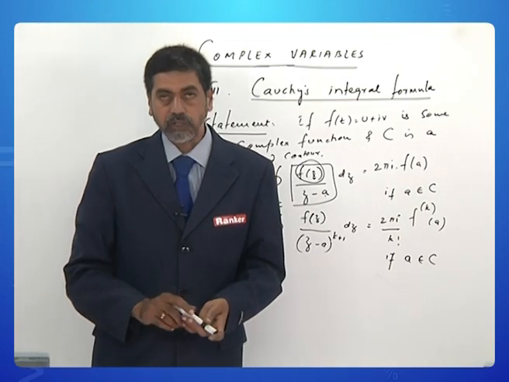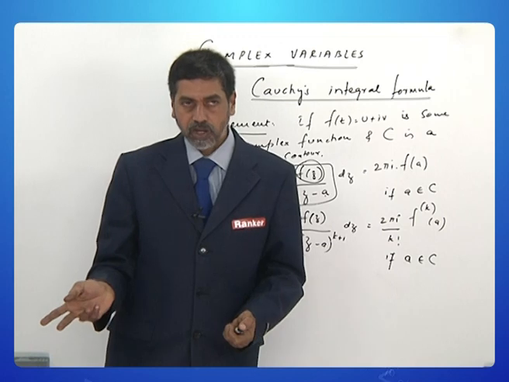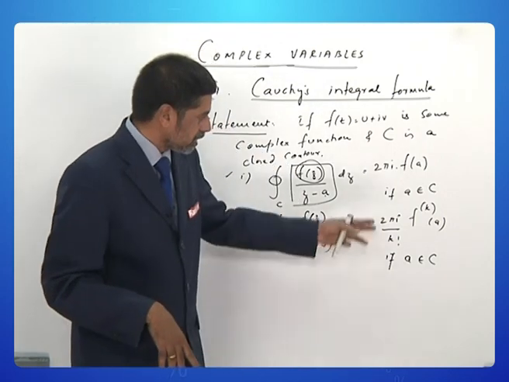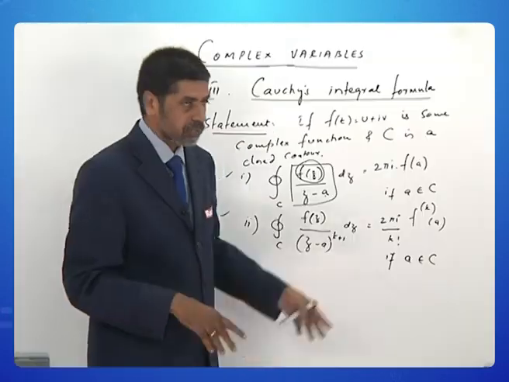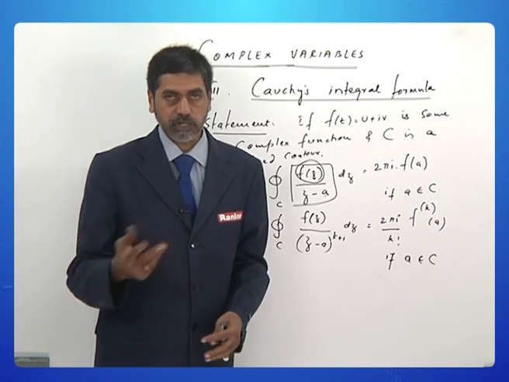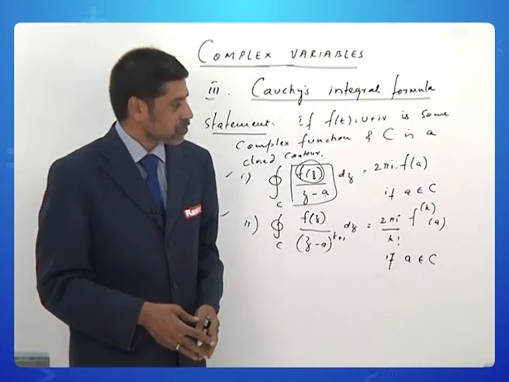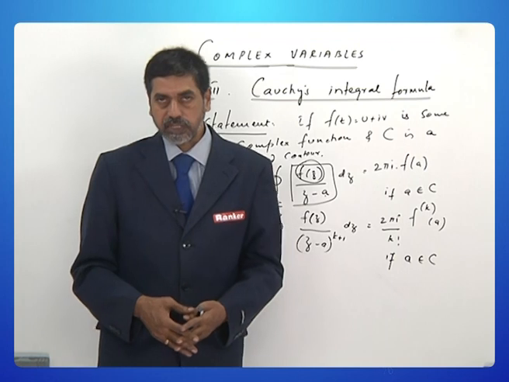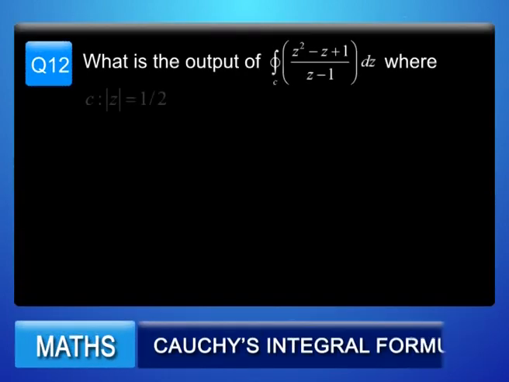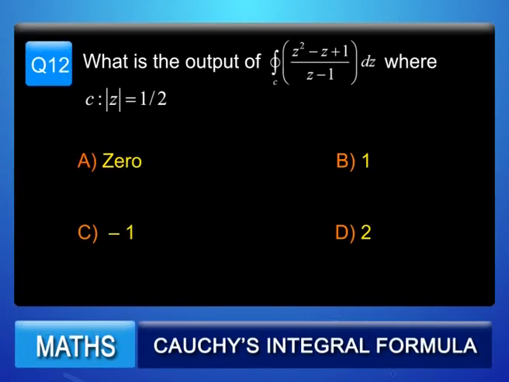So, it is all very simple, either the answer is 0 or an answer like this, depending upon whether the singularity is inside or not inside the contour. So, let us take an exercise to understand this. Question number 12. What is the output of the integral z square minus z plus 1 by z minus 1 dz, where C is the contour mod z is equal to half?